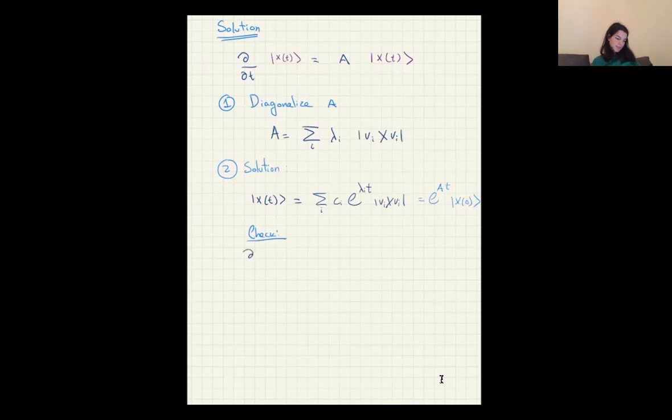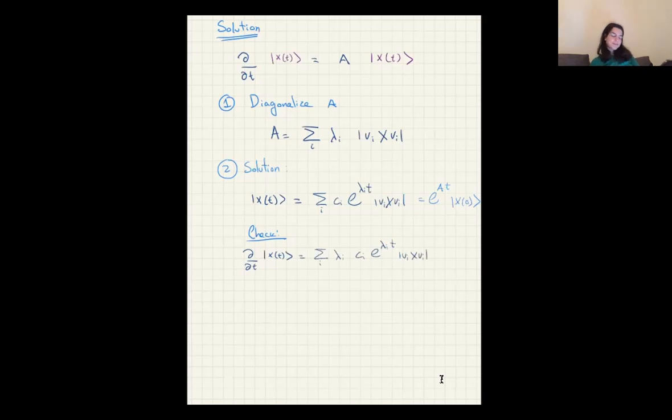Then we can derive this. And then we get what? Well, we get the sum over i of these λ_i c_i e^{λ_i t} v_i.